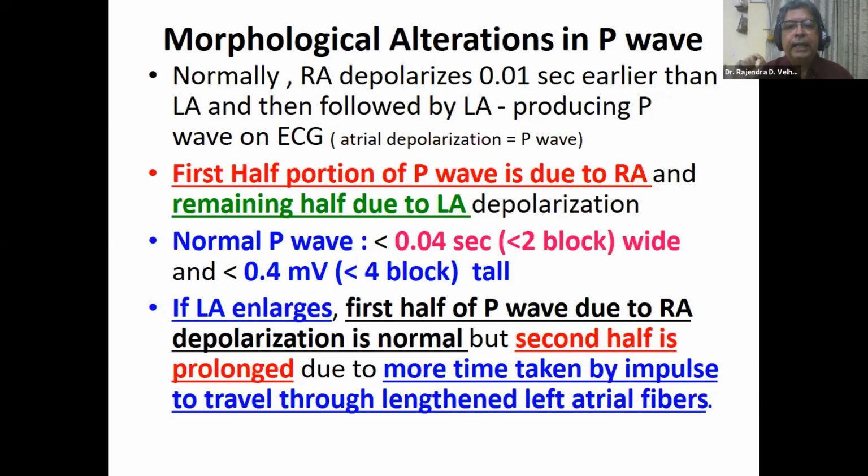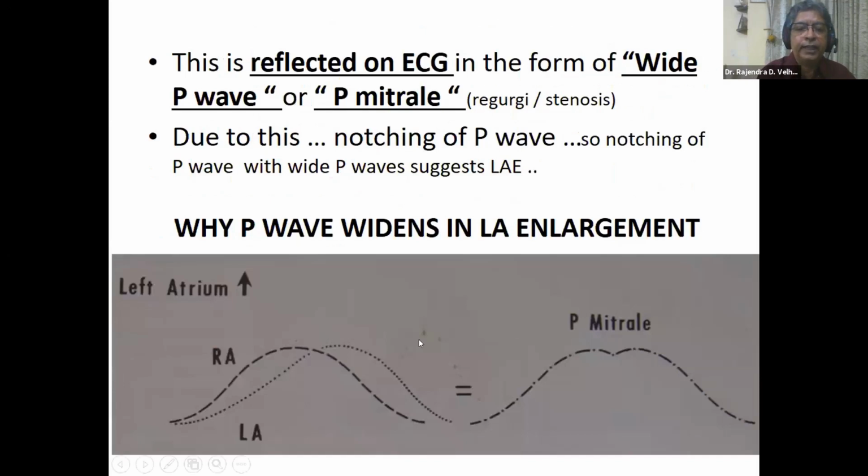This delay in the travelling of the impulse will be reflected in the ECG in the form of wide P waves. If you see here, this is a normal P wave that would have formed, but what happens? The right atrial depolarization is normal, but the left atrial depolarization, since the fibers are lengthened, takes extra time to travel through, and therefore the P wave will be widened.